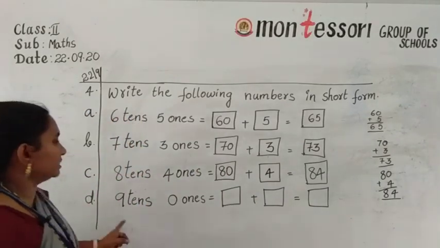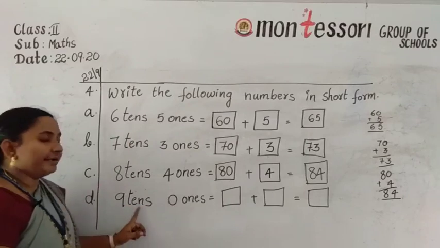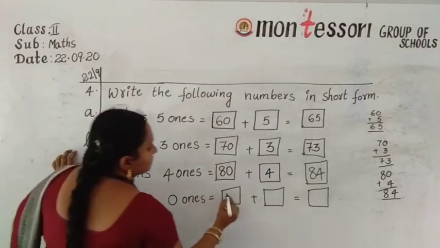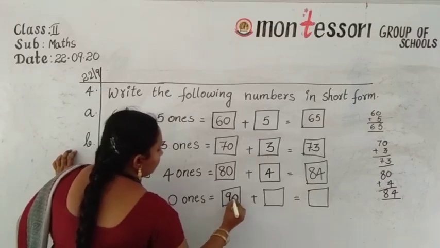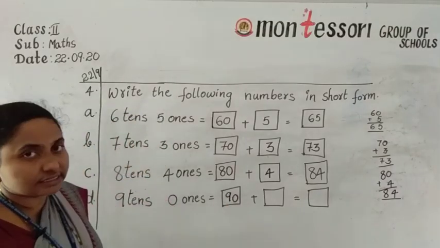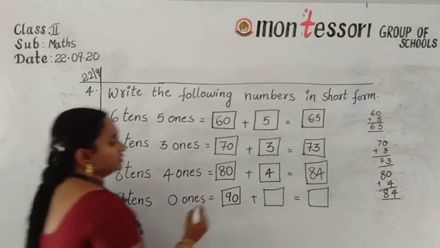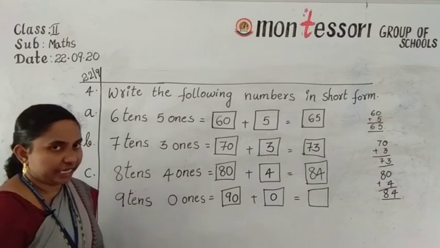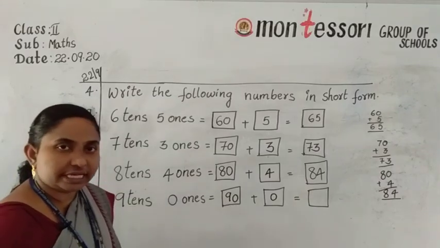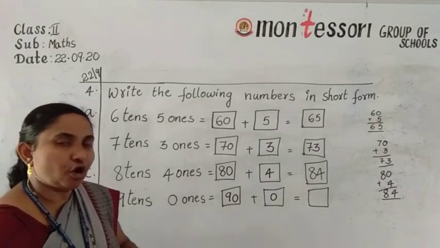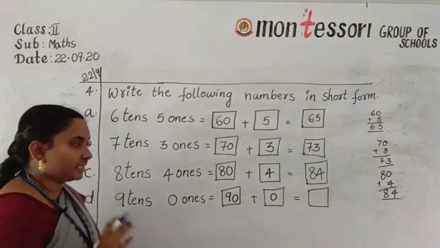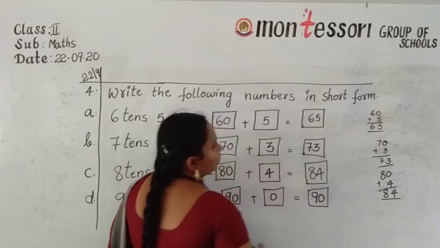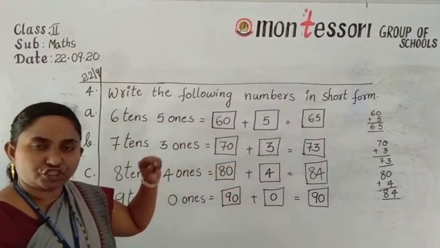So now this is the process. Now 9 tens are 90, and 0 ones are 0. 90 plus 0. 0 added to any number, the answer is the same. 90 plus 0 or 0 plus 90, the answer is 90. So I am writing 90 in a direct way. Okay, understood? So this is a short form.